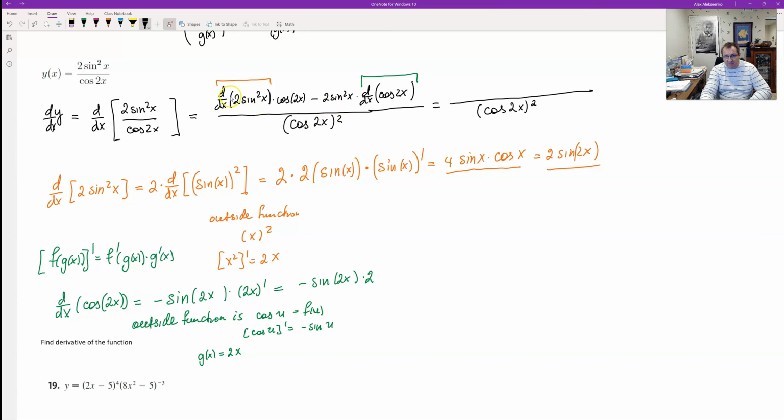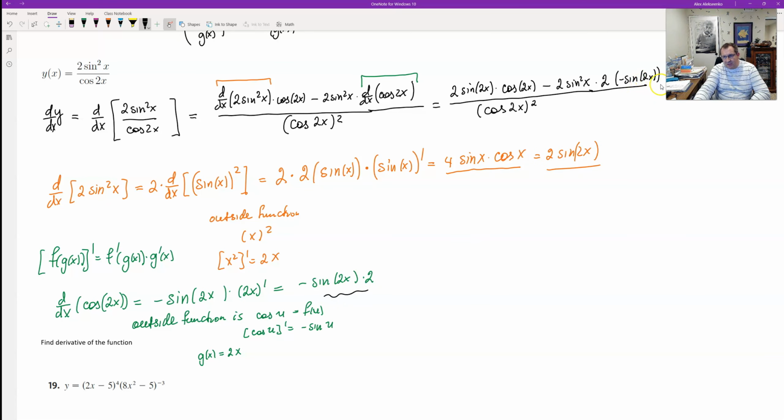In the numerator, instead of derivative of 2 sine squared x, we will write 2 sine of 2x, which will be multiplied by the cosine of 2x, and then we will subtract 2 sine squared x multiplied by the derivative of cosine of 2x, which is 2, well, negative sine of 2x. That's what we have in here.